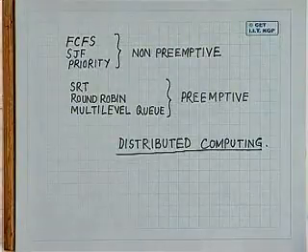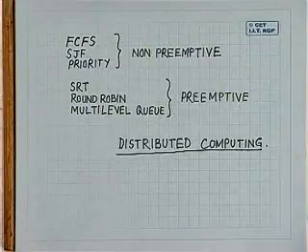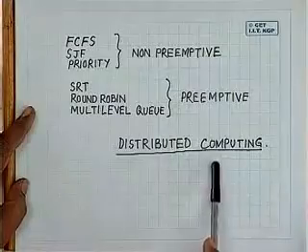So here the situation is different. In the earlier case, we had one resource and multiple processes among which the resource was to be shared. Now we have multiple resources and multiple requirements.